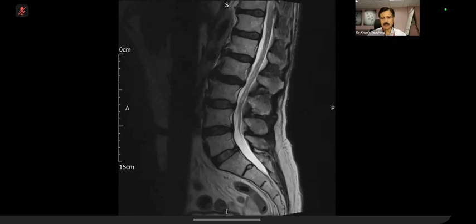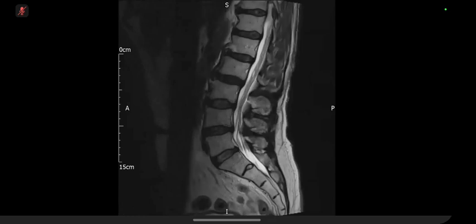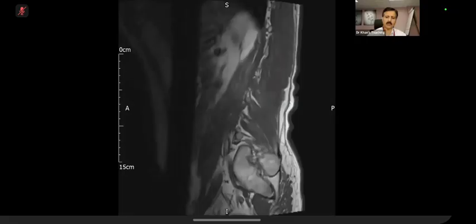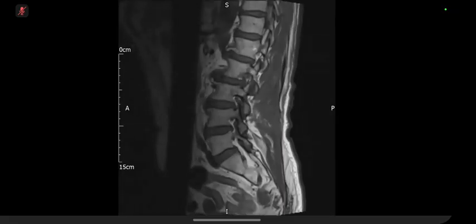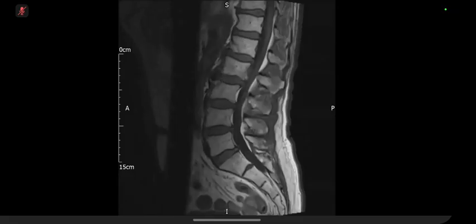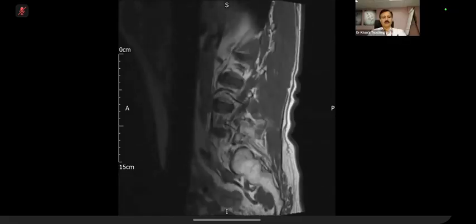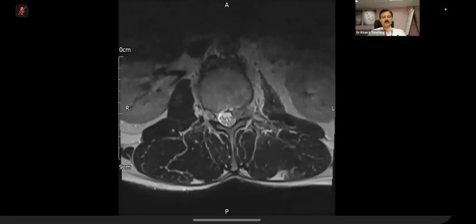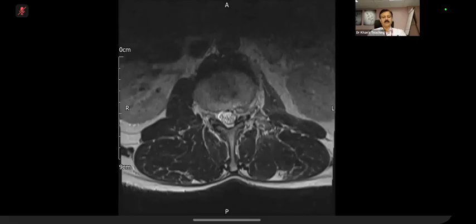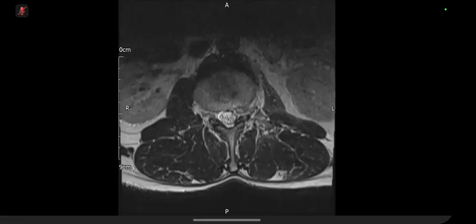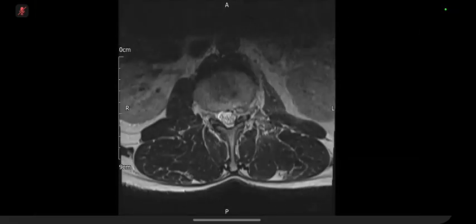Should I do that? Yes, yes. Please keep going. Okay, so in the left foraminal zone, there is a disc protrusion that is causing.